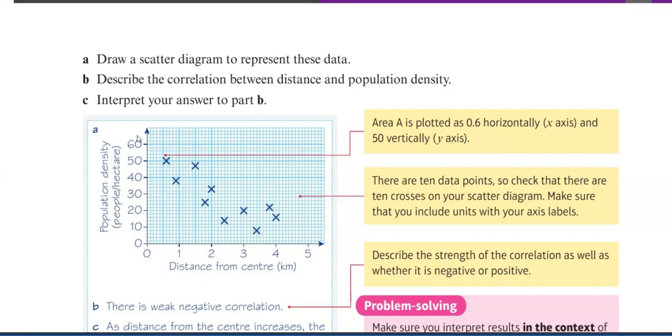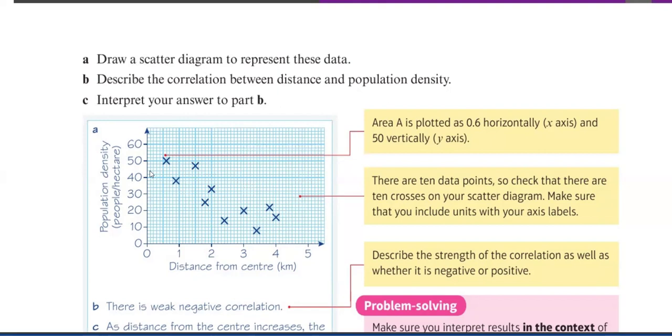We use the y-axis as population density. Then the points change like this. We can see it has negative correlation, but it is not clear. Therefore, we call it a weak negative correlation.